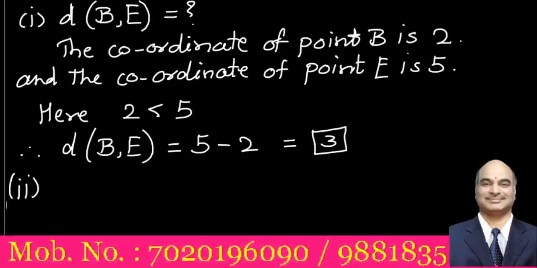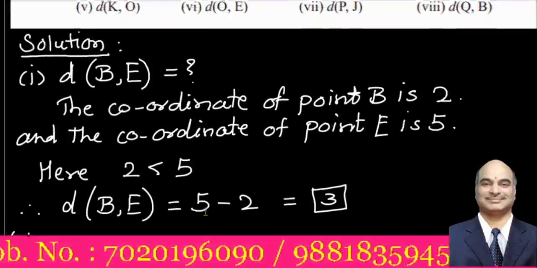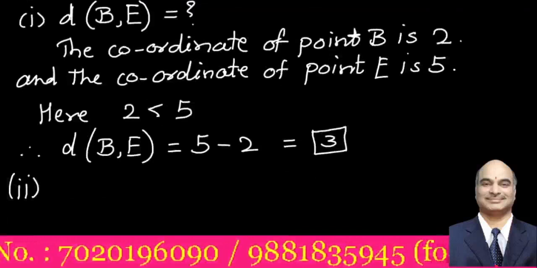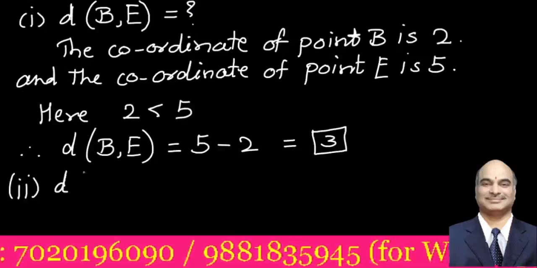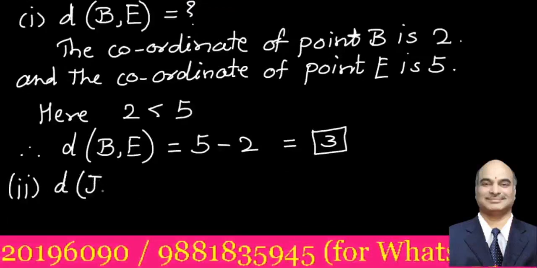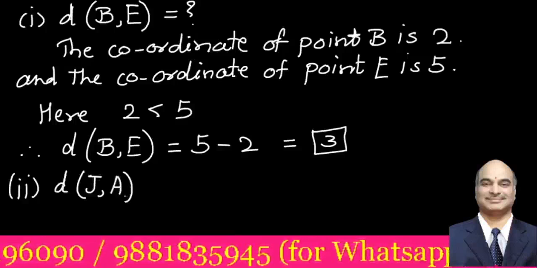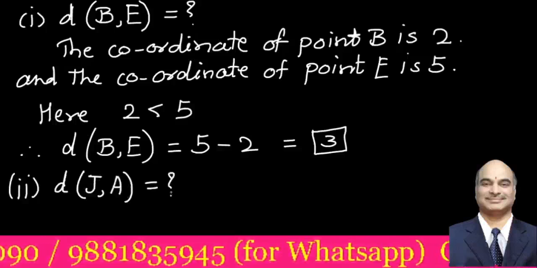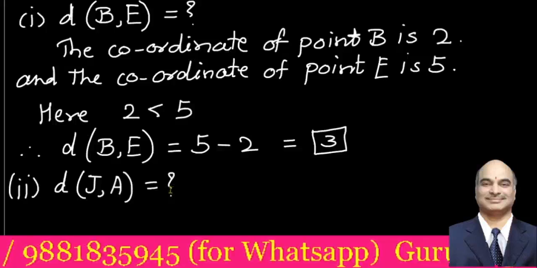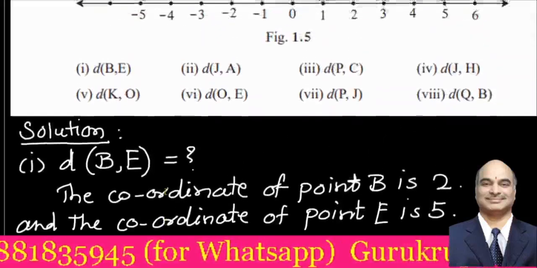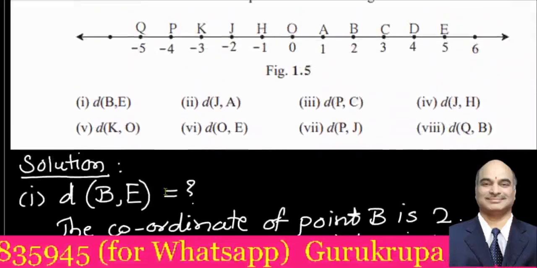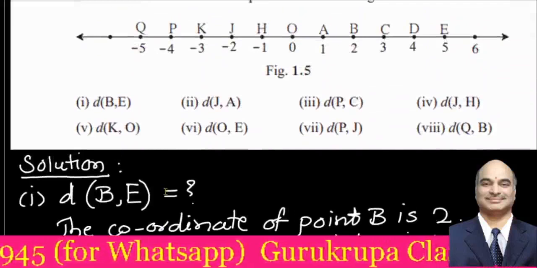The second part we are going to take here. The second part, JA, the distance between points J and A. Now we have to write down the coordinates of both the points. J has coordinate -2 and A has coordinate 1.